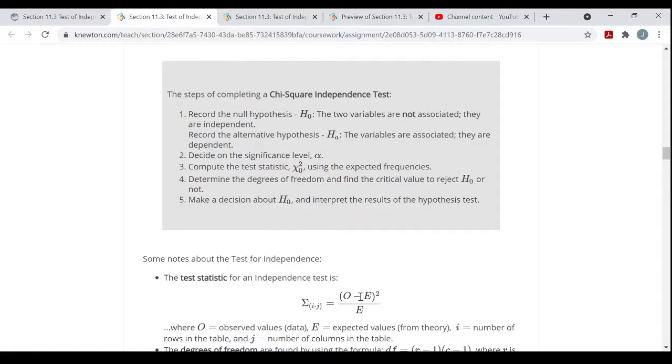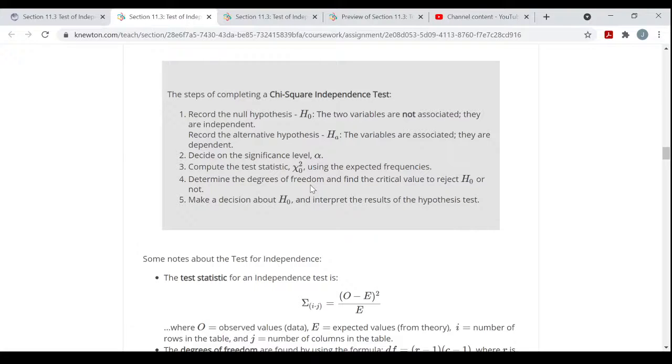I'll just show you, use a calculator, because this can take a while if you're doing it by hand. I'll show you both, but you'll definitely see the calculator is better.